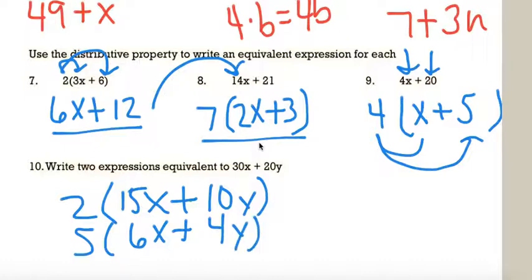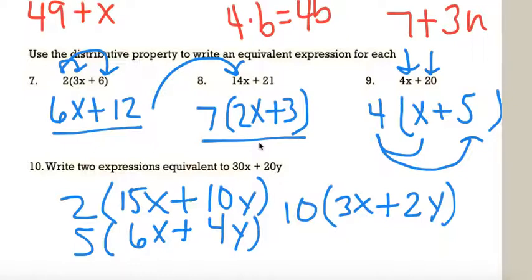Another one that comes to mind is 10. 10 can go into 30 3 times, so you have 3x, and 10 goes into 20 2 times, so you have 2y. So we came up with 3 different ones, but you were supposed to come up with 2. Hopefully you came up with 2 of these 3.